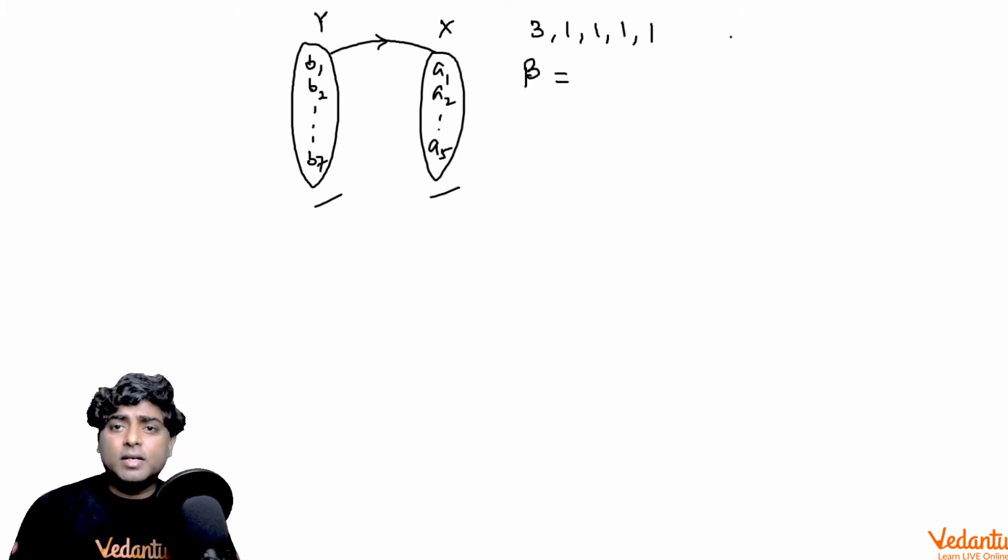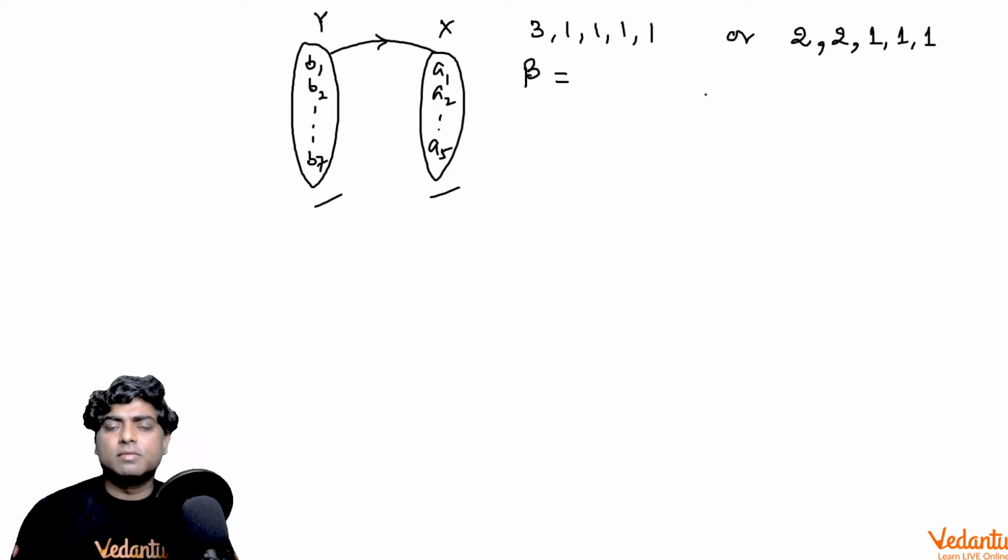Or it can be done the other way, 2 plus 2 plus 1 plus 1 plus 1, so 2, 2, 1, 1, 1. This is the way of the division.